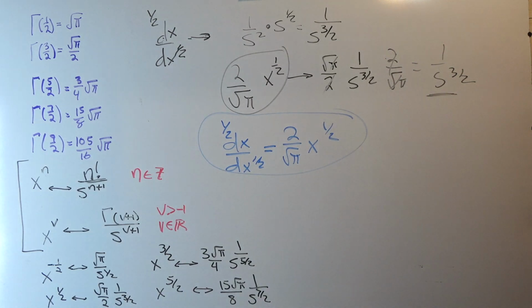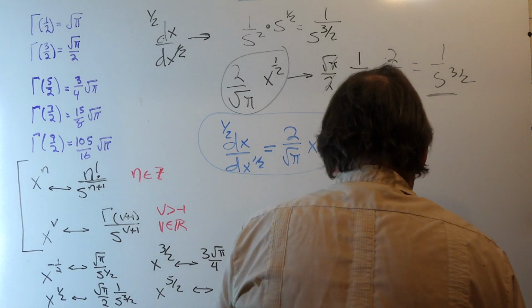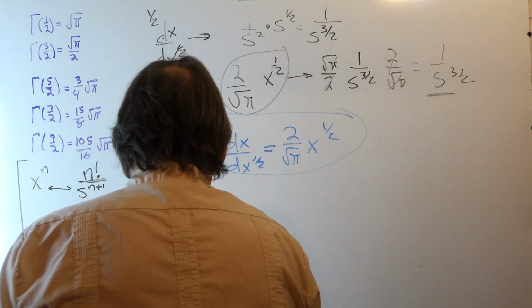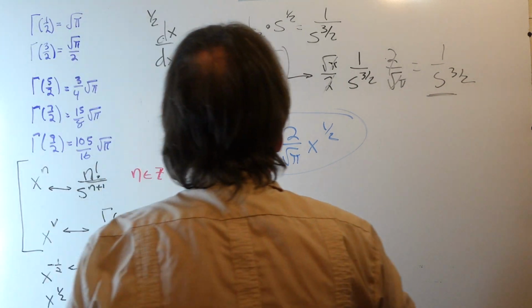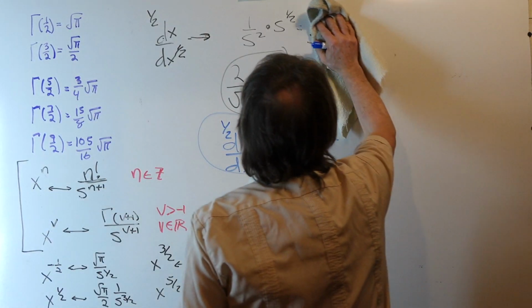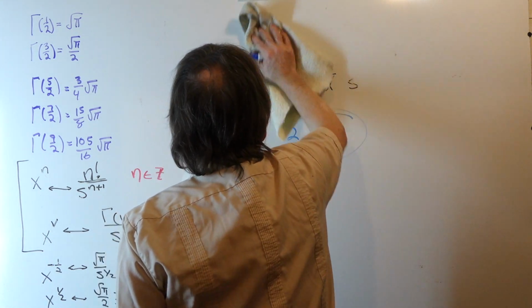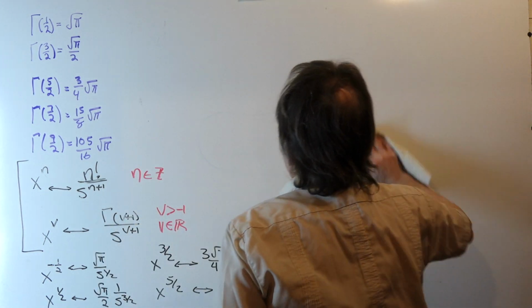Let's look at what is the 1/2 derivative of a constant. Now remember, with normal derivatives, the derivative of a constant is 0.